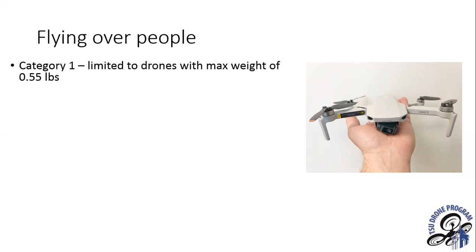A lot of drones will come with some type of cage that covers the propellers, and you would want to have those if you're flying over non-participating people with this size of drone.